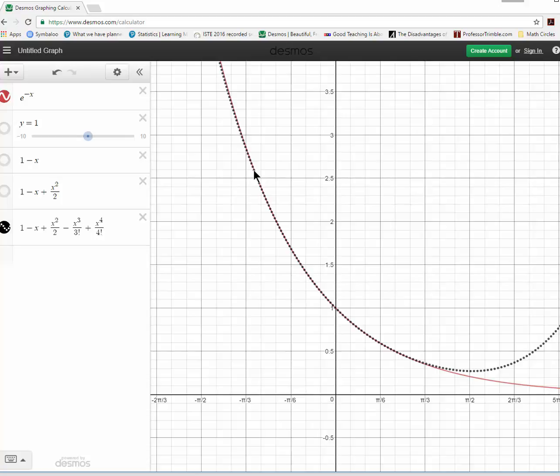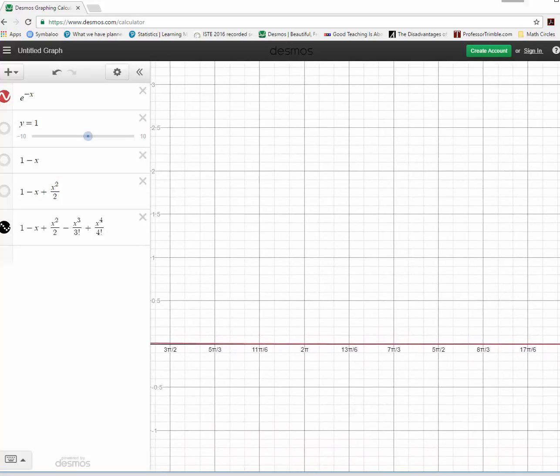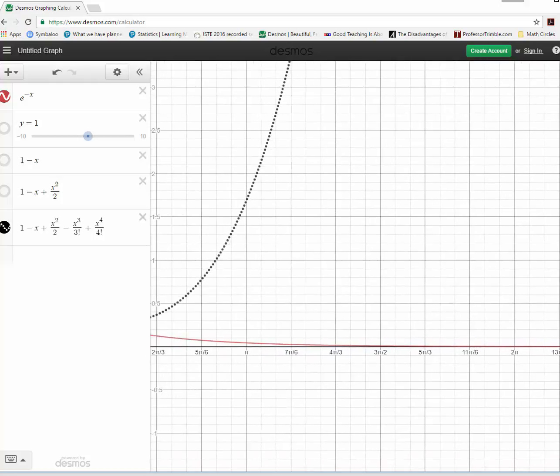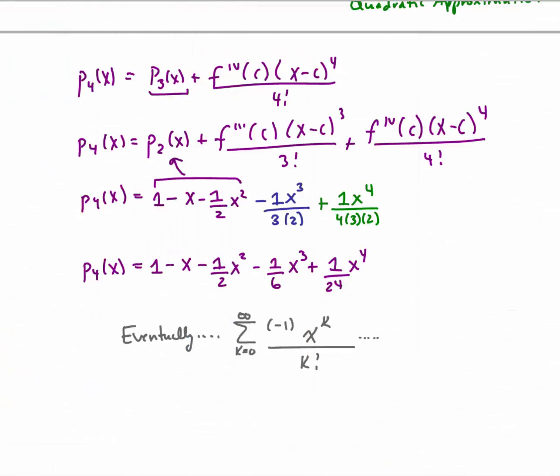Because typically when we're looking at a derivative or an integral, we're looking at a particular point or a range of points. So it's okay to be off clear out here at, let's say, 20 pi or something like that. It doesn't really matter clear out here at 20 pi. But where it does matter is right here in my area of interest. And so that's the thing that we're working on. We're trying to come up with that best polynomial to approximate that.